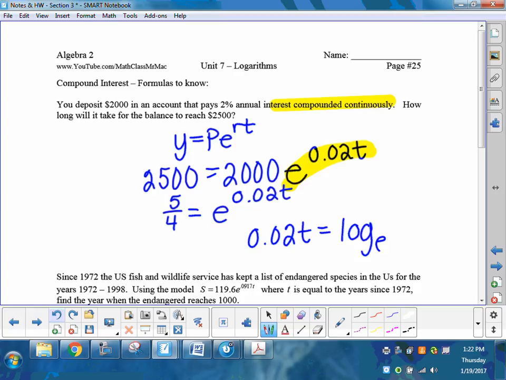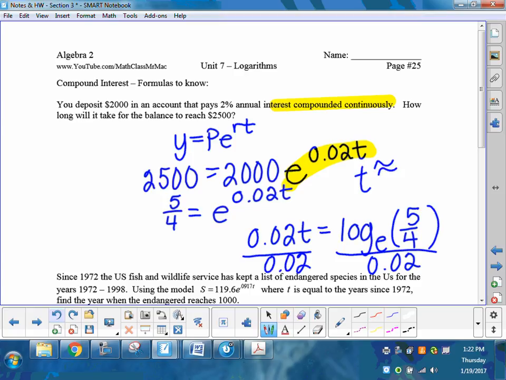Let's put it in log form or natural log form and divide both sides by 0.02. Hands up, please, when you can tell me what that t value is going to be to the hundredths position. Put it in log form and evaluate it out.